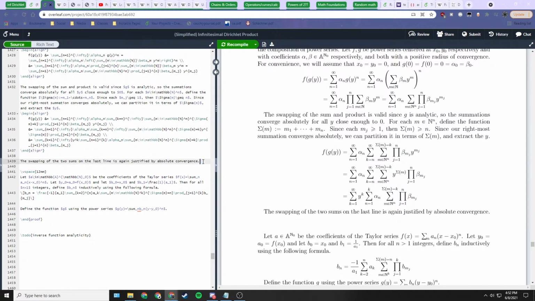What we can do now is use this in an inductive definition.